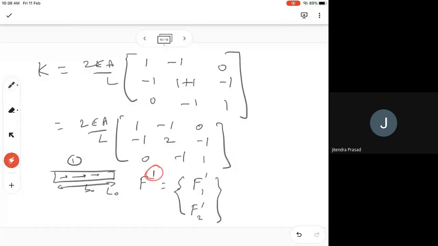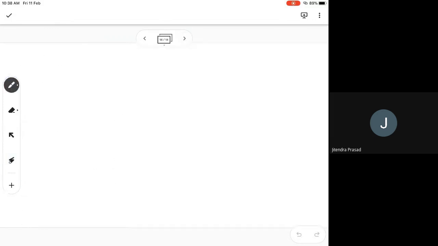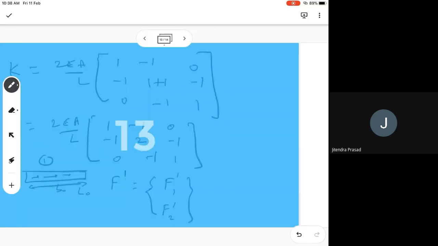This is the first node, second node. Where F11 is equal to, as we did earlier, the integral of B naught from 0 to L naught of N1 x dx, and we are putting L naught.